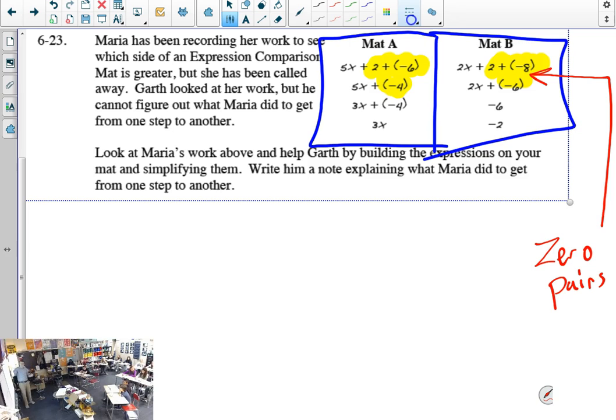What disappears from the right side? 2x. What does she do on the left side? Take away 2x. So this minus 2x is balanced pairs, right? She's taking away the same thing from both sides. So balanced pairs, we're taking away the same thing from both sides, or both maths.